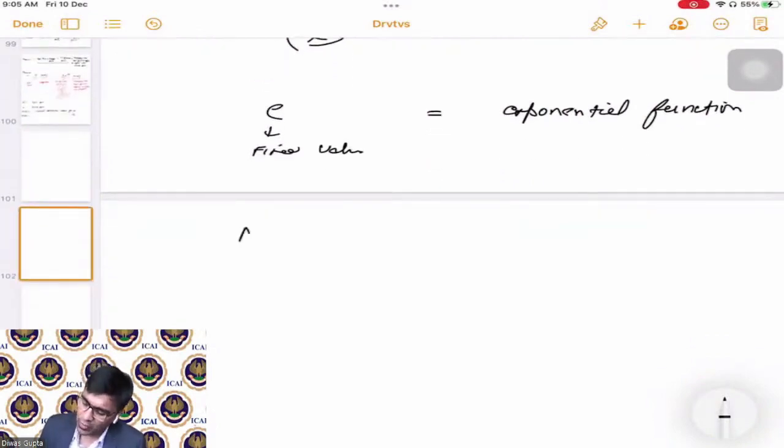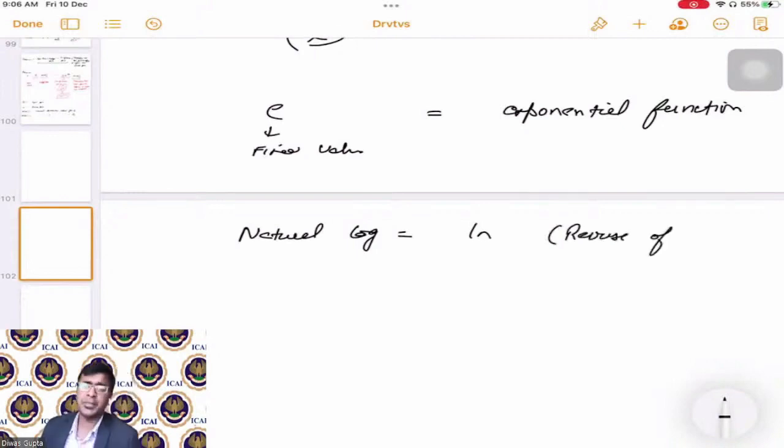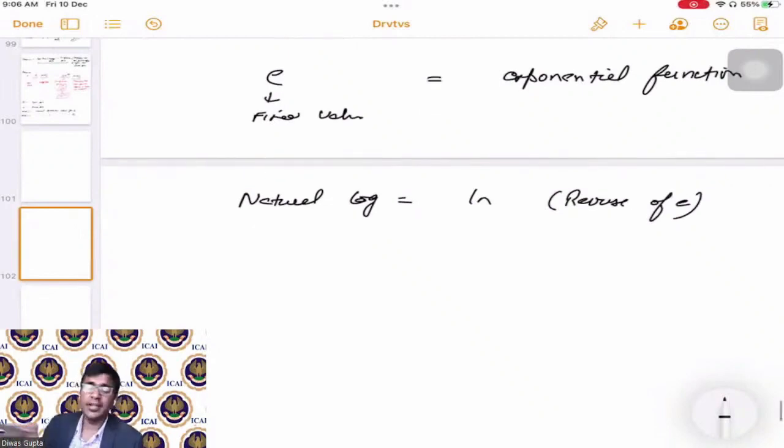And natural log is written in this manner. It is just the reverse of E, the exponential function. Now, there are different types of logs. This log we have to completely ignore, because generally logs are with a base of 10.